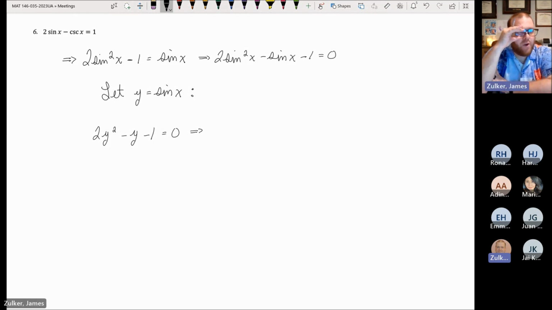Right, so quadratic formula always works. But it'd be nice if we could factor this. Can we factor?